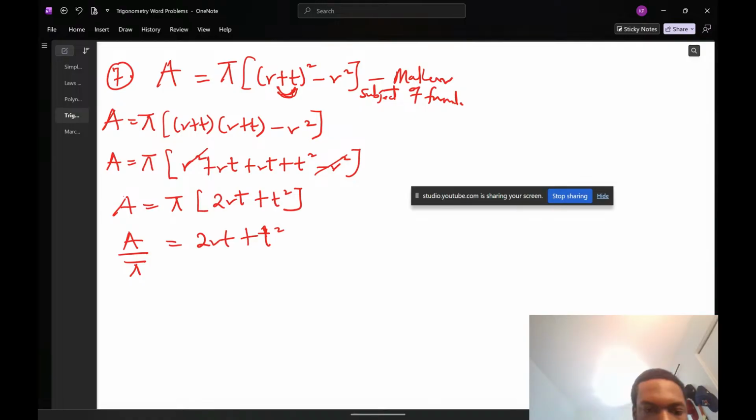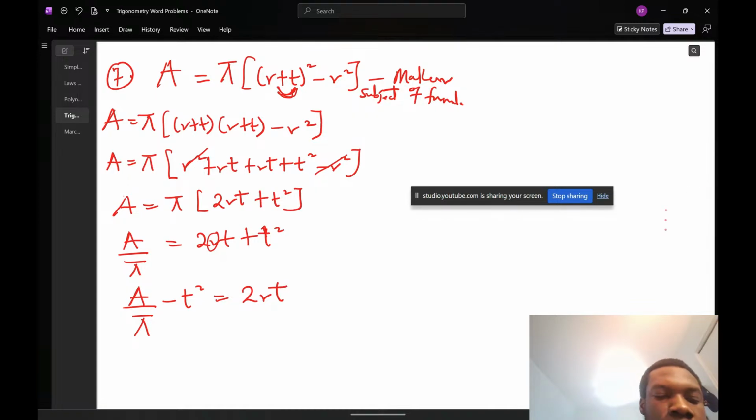Now that we have made it A over pi, we can still bring this t squared to the other side, because 2rt is the focus point. We're trying to separate everything beside it to the other side of the equal sign. So this will be A over pi minus t squared is equal to 2rt.